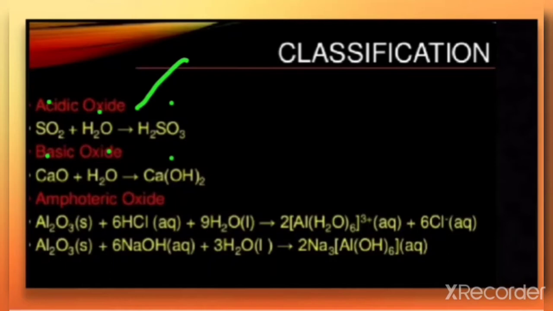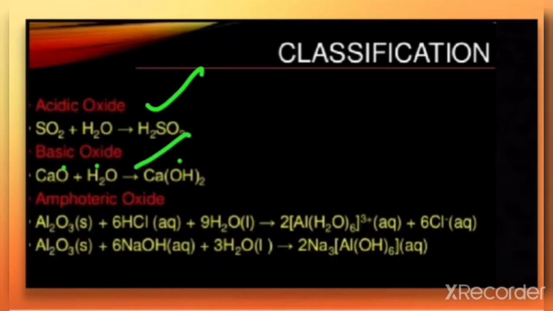These are non-metallic oxides which with water give rise to acid, so such oxides are called acidic oxides. Similarly, when a metallic oxide with water gives rise to a base, it has a basic character. So usually metallic oxides give rise to a base with water, and they are called basic oxides.